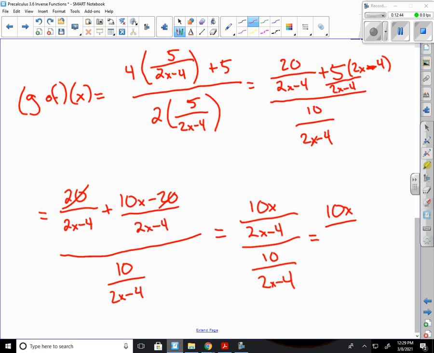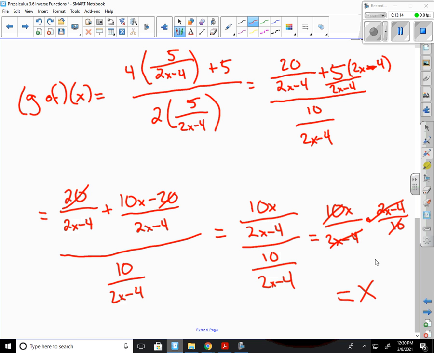Gives me 10x over 2x minus 4 times 2x minus 4 over 10. 2x minus 4 and 2x minus 4 cancel. 10x divided by 10, the 10's cancel. I'm left with x. That was fun. I enjoyed it.